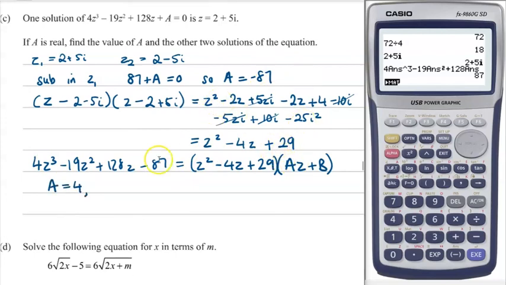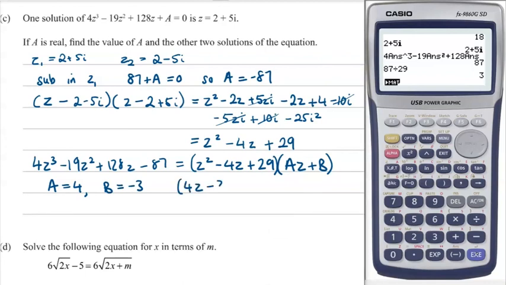To make 87, we need, let's go, 87 divided by 29 is 3. So b must be minus 3. So the other factor, 4z minus 3, is a factor. So our third solution, z3, will be 3/4.